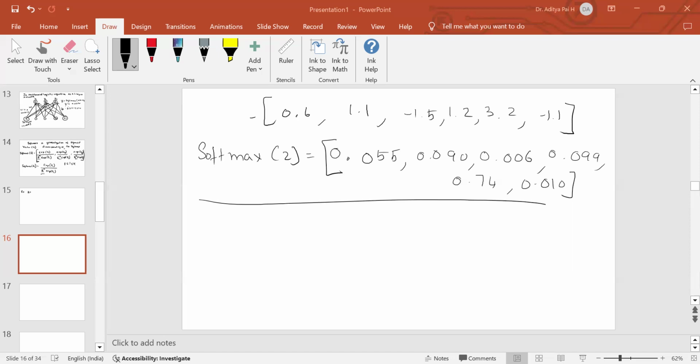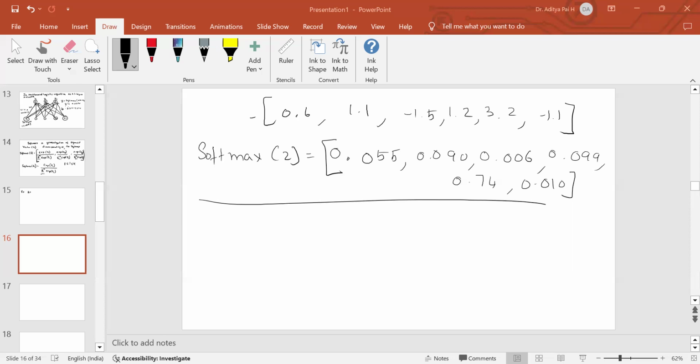So that is a of 2. So a of 2 is equal to the sigmoid function applied to the previous z of 2, where z of 2 is nothing but the output coming from the hidden units. Z of 2 is nothing but W of 2 into a of 1 plus b of 2.